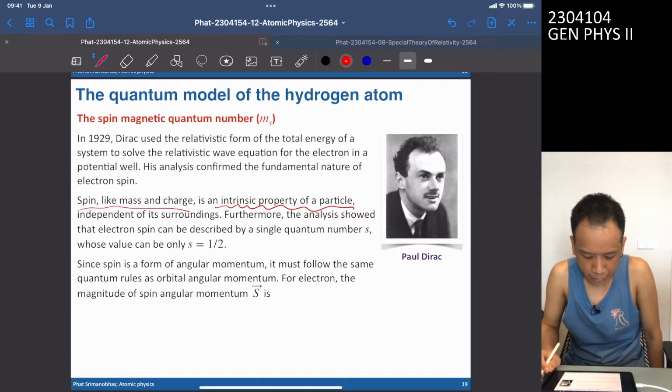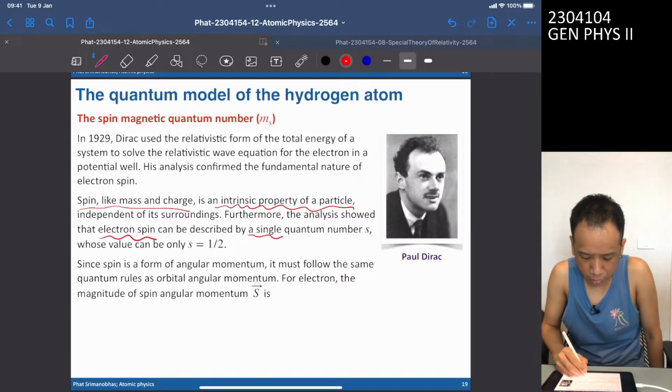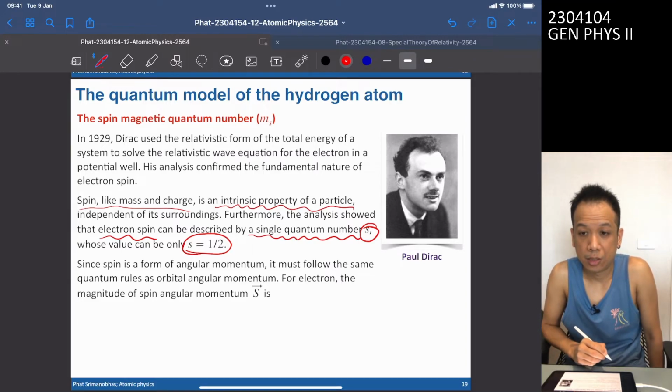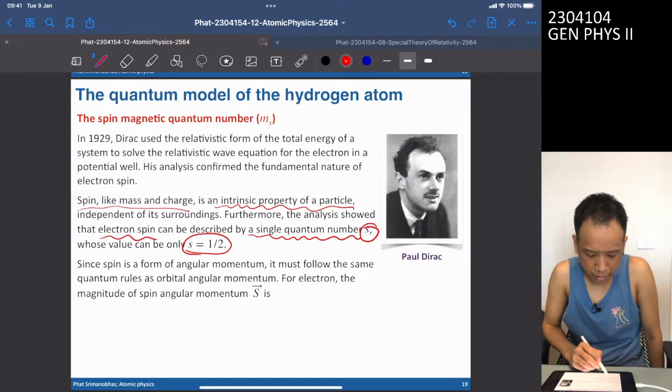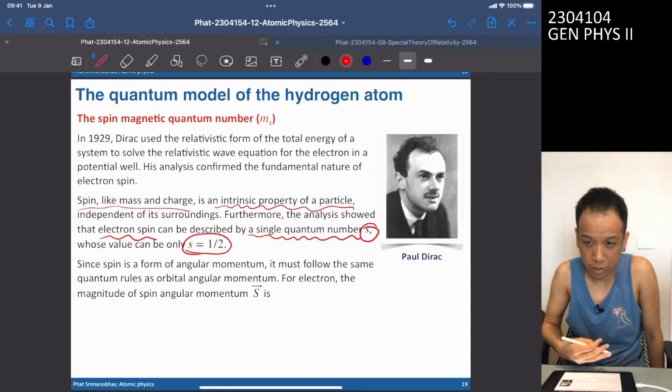For the electron, the spin has a single quantum number s, and s is 1/2. So it has one quantum number, which is 1/2. Since spin is a form of angular momentum, what we did for the angular momentum, we do for spin.